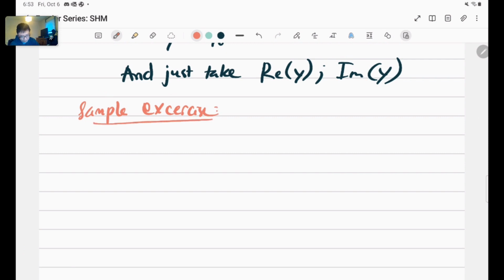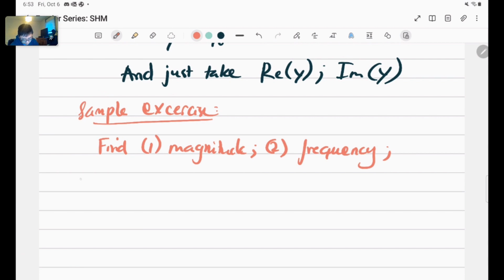Find one, the magnitude, two, the frequency, three, the maximum velocity of a simple harmonic motion. Allow me to write simple harmonic motion as SHM.